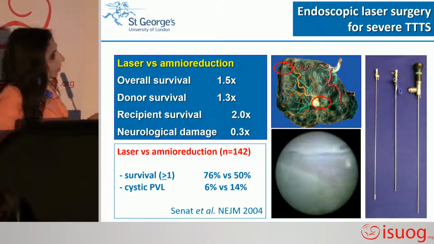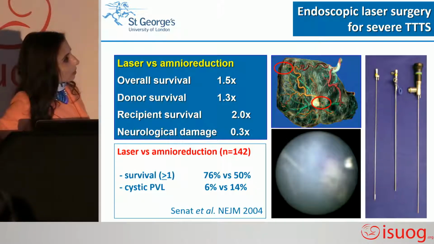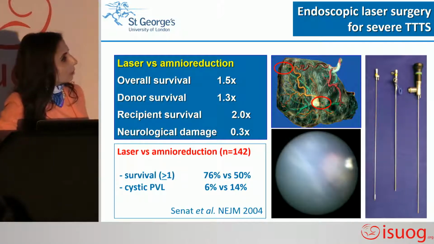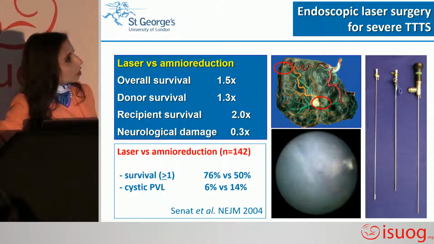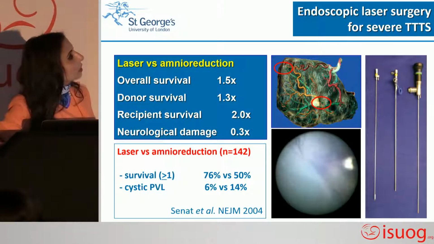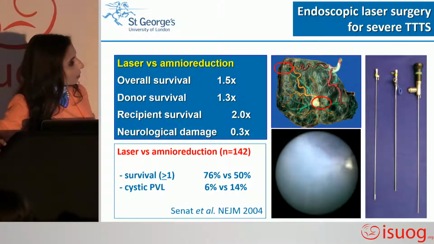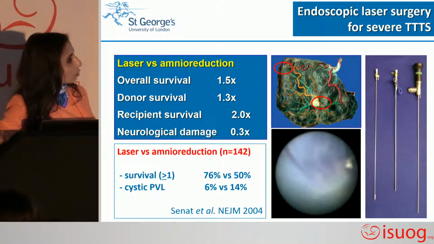There are many studies, including RCTs and Cochrane reviews, that compared laser surgery versus amnioreduction in cases of severe TTTS, and they show that overall survival is better with laser compared to amnioreduction. That's valid for both donor and recipient survival, and the risk of neurological damage tends to be lower with laser.